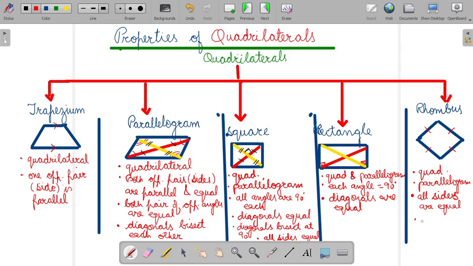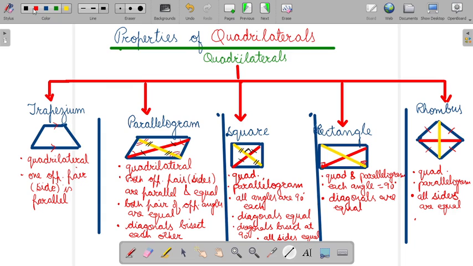And what should be the property related to the diagonal here? The property related to the diagonal is, observe here, this is one of the diagonals and the other diagonal is this one.